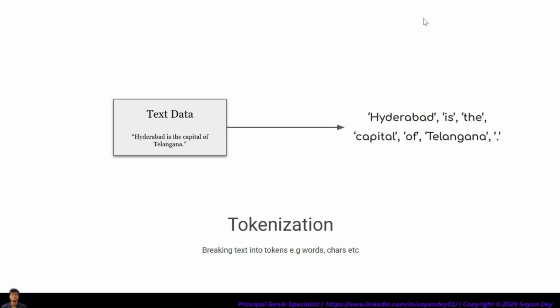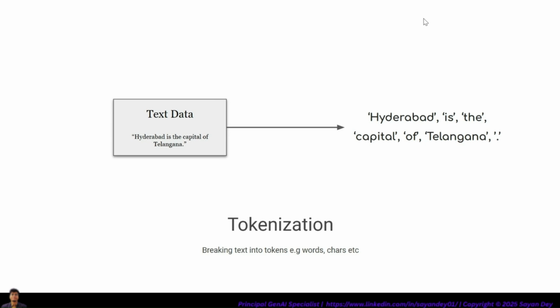Let us learn that. So the very first thing that we do is we take the entire text, in this case, Hyderabad is the capital of Telangana. We take the whole text data and we perform a process referred to as tokenization. What is tokenization?